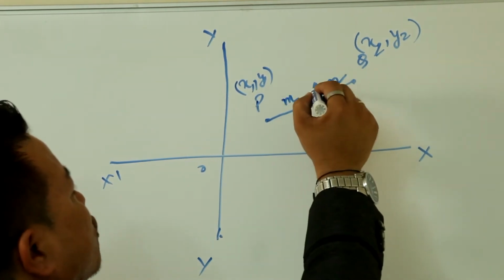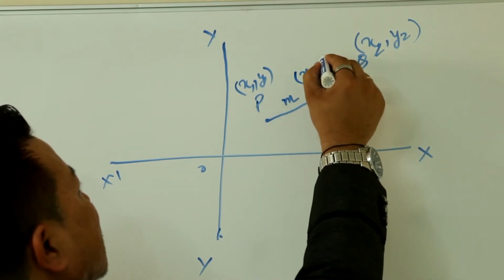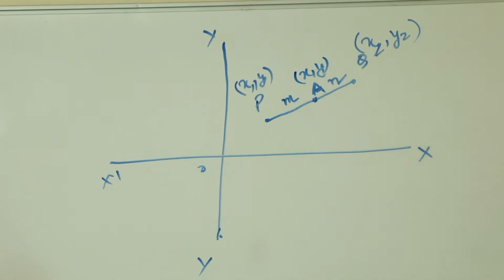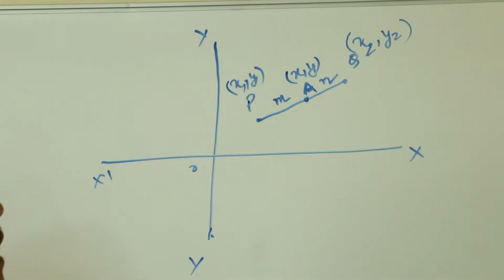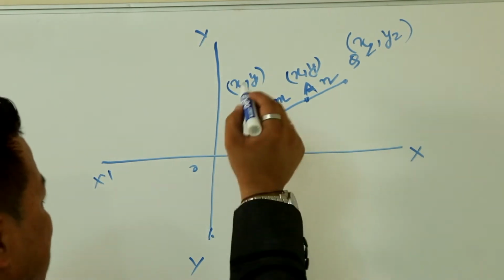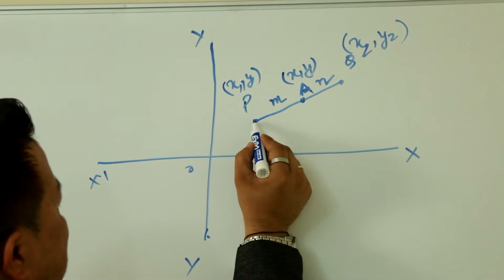And so we have to find out the coordinates of A. Suppose the coordinates of A is xy. So how do you find the value of this point which divides this line segment in the ratio m is to n?